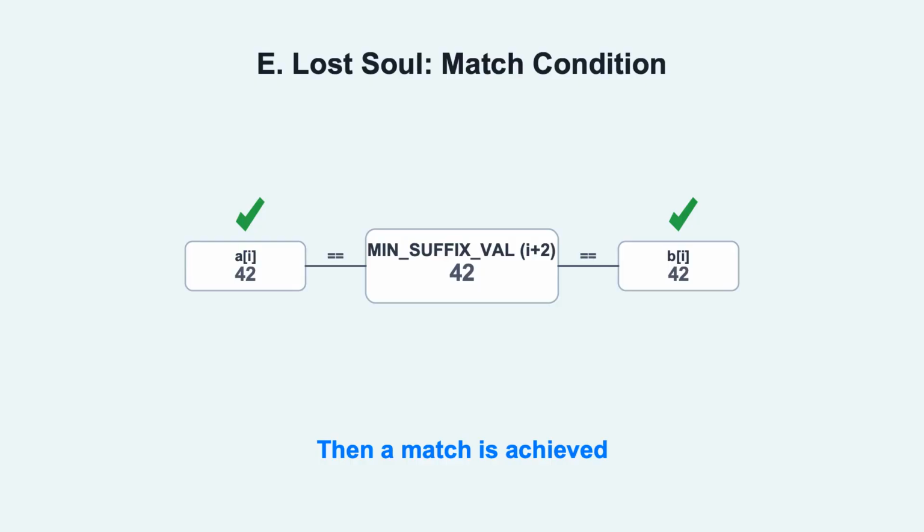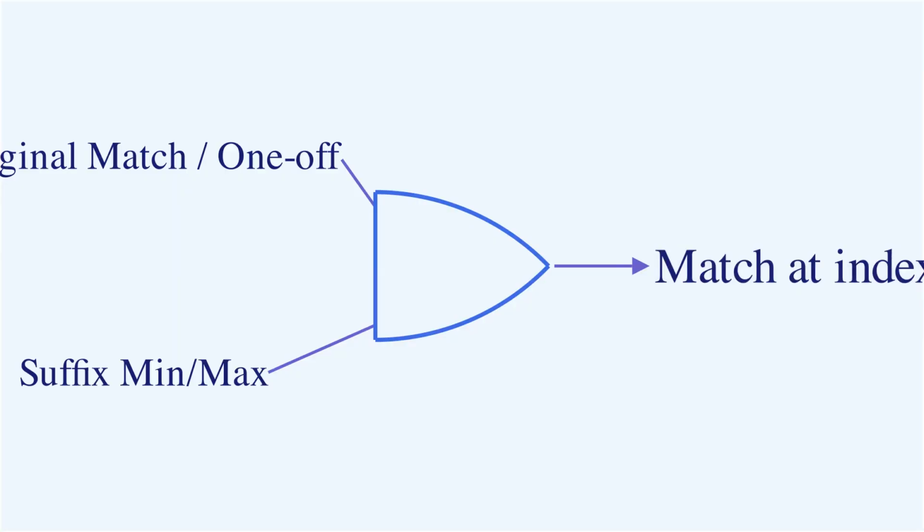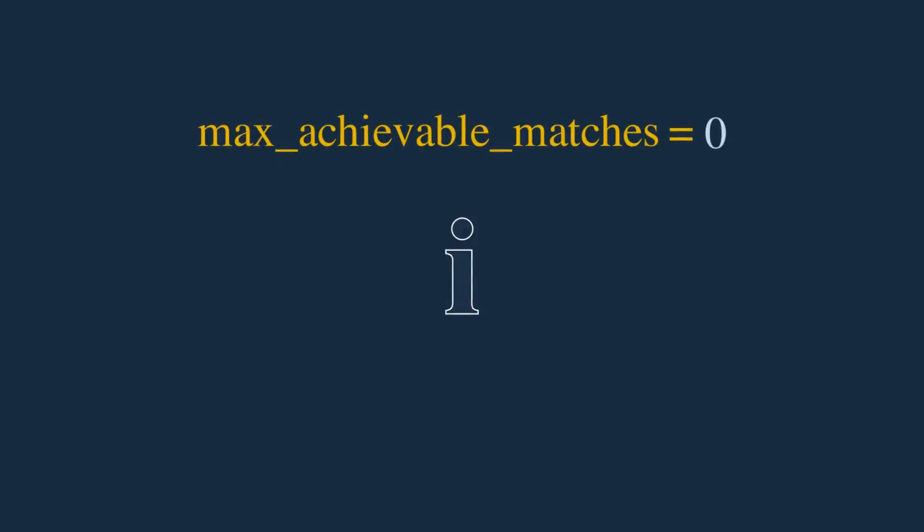This is possible if a_i equals min suffix overall at i plus 2 and b_i equals min suffix overall at i plus 2. Similarly, a_i and b_i can both be made max suffix overall at i plus 2. If either of these conditions, matching original values or using removal, is true for index i, then we update our maximum matches found so far to i.